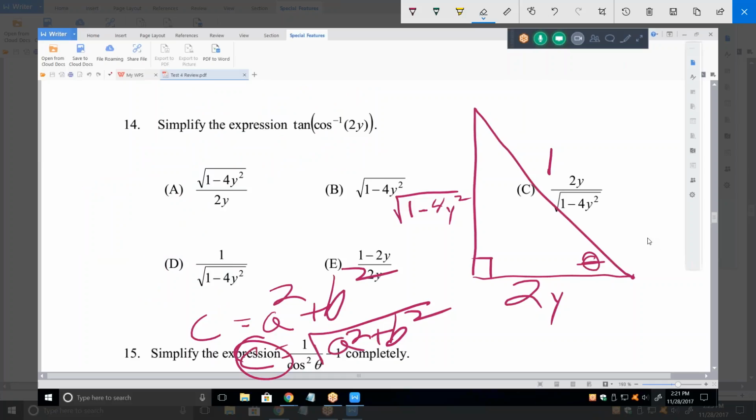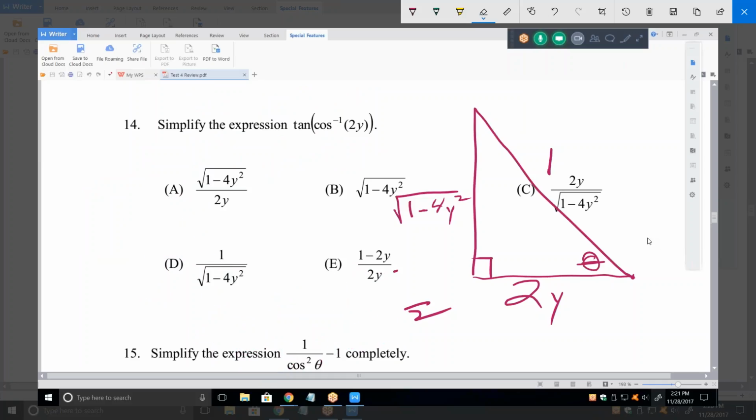So we've got our third side. Now we're in gravy. What is the tangent of theta? Remember, this thing is equal to theta. And my triangle reflects that the cosine of theta is 2y. So the square root of 1 minus 4y squared over 2y.